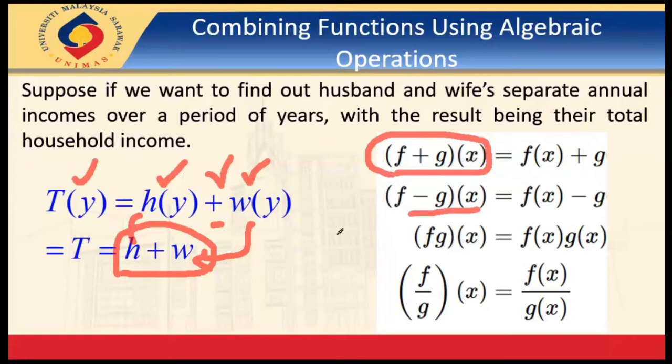And in the same way, we can multiply two functions, f of x multiplied by g of x, or divide two functions, f of x divided by g of x. So functions can be added together, subtracted from each other, multiplied and divided by each other.